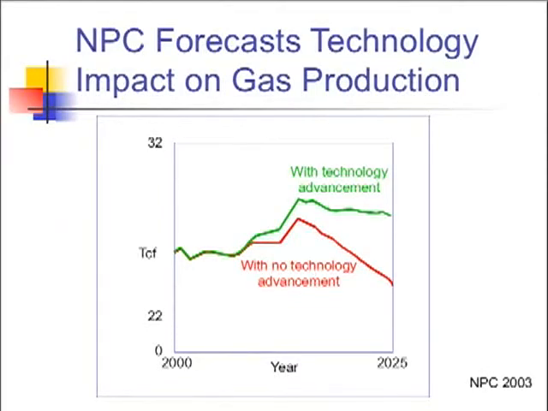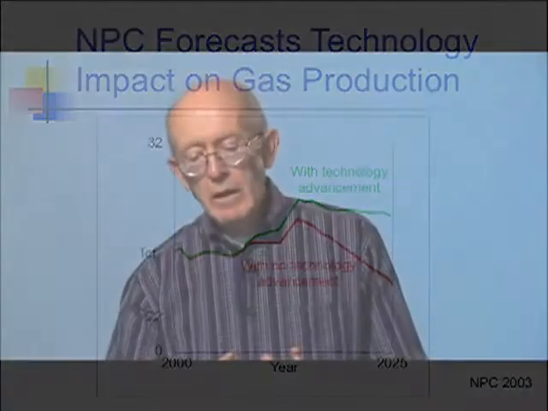And again, this same group, a realistic group, without making unreasonable claims, saw that with foreseeable advances in technology, the increase in natural gas supply, certainly by the end of this study period in 2025, would really be substantially greater than what would be possible with the technology that existed at the time of the study back in 2002.